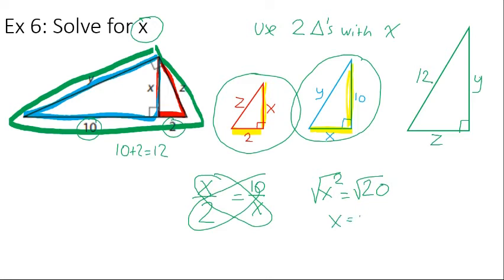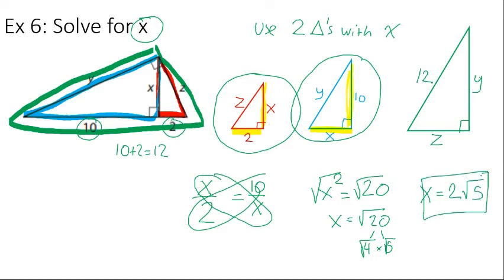So I get x equals square root of 20. Or we could simplify this to 4 times 5. So I get here x equals 2 square root of 5. Okay, so now let's solve for the next one.